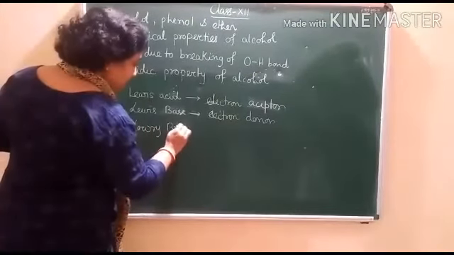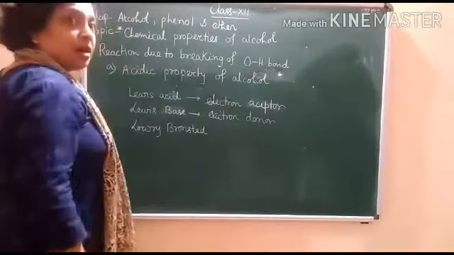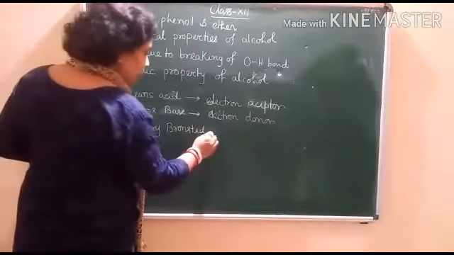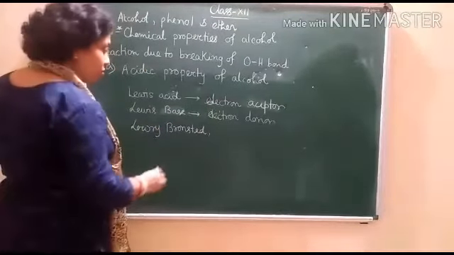Similarly, another concept is Lowry Bronsted, which we will do again in the ionic equilibrium chapter. It is the same concept but in terms of proton.